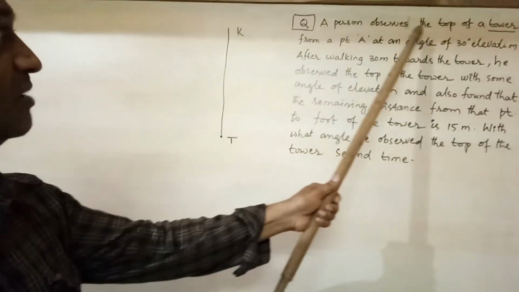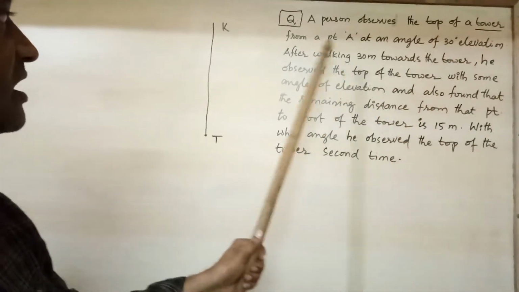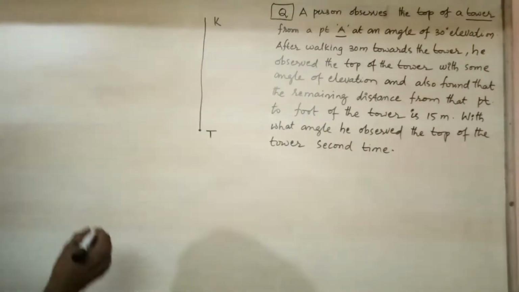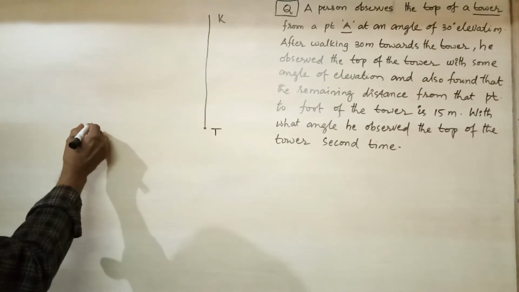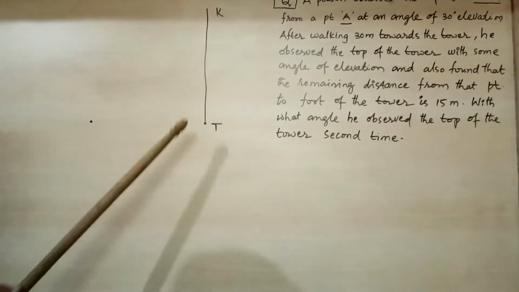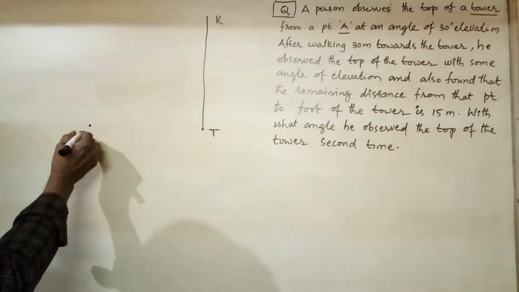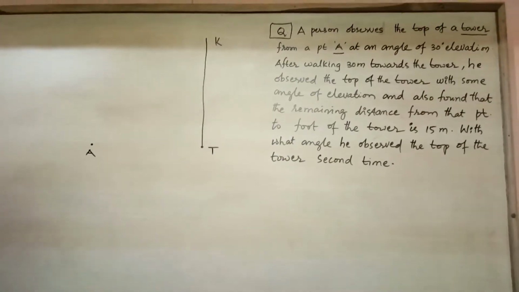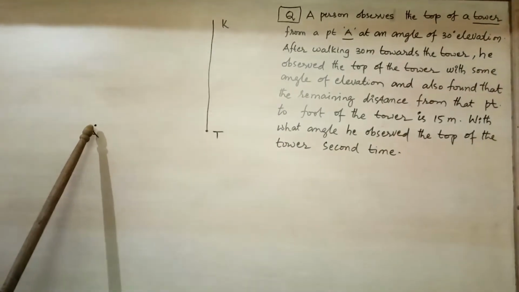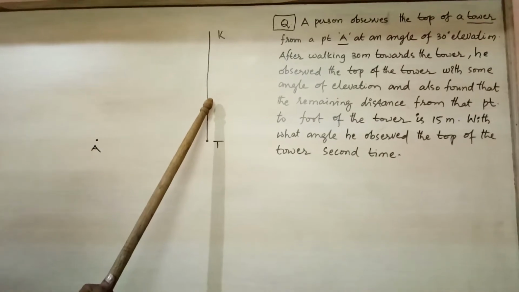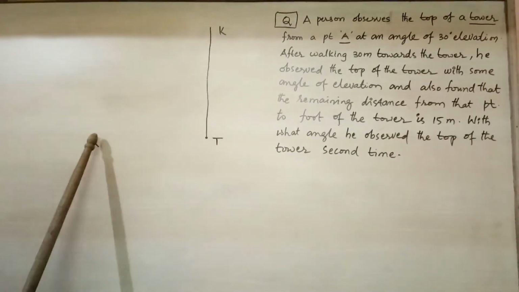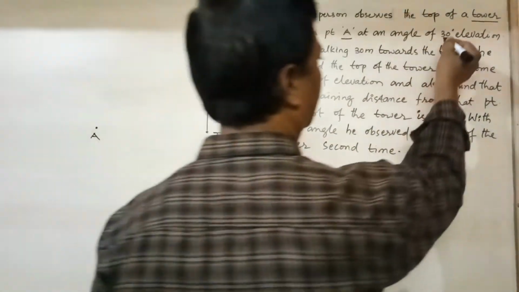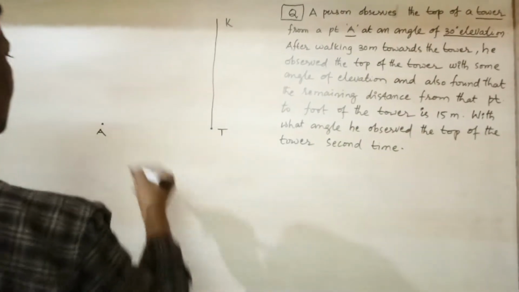A person observes the top of the tower from a point A. Let this point be A. A person is observing the top of the tower from this point A at an angle of 30-degree elevation.